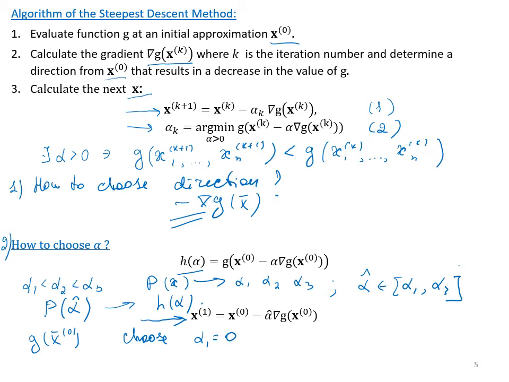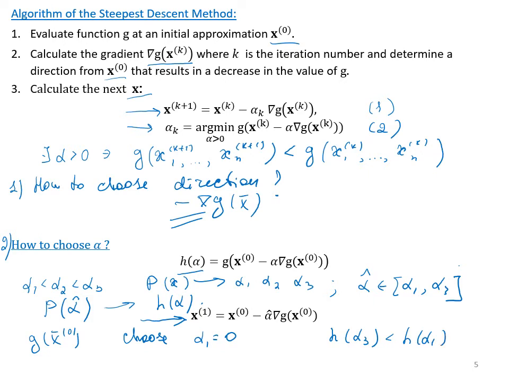Next, we find alpha 3 such that h alpha 3 should be less than h alpha 1.